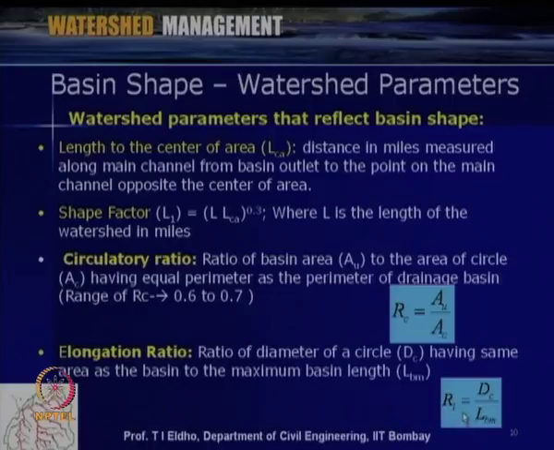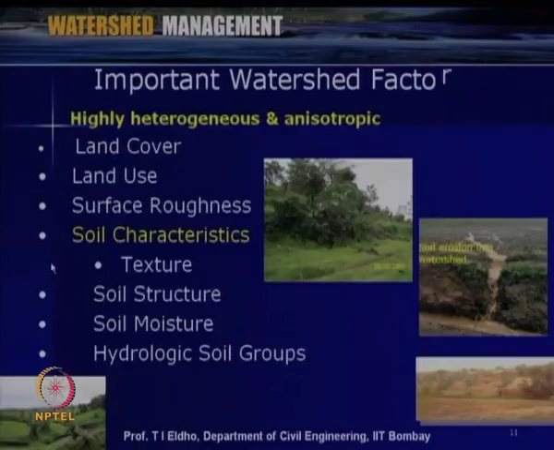So, the elongation ratio RL is equal to DC by LBM, where DC is the diameter of a circle having the same area, and LBM is the maximum basin length. So, as far as the basin shape is concerned, these 4 important parameters are the length of the center of area, then shape factor, circulatory ratio and the elongation ratio.